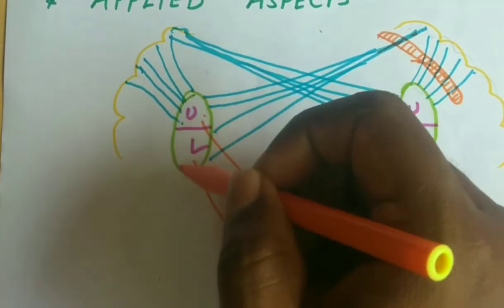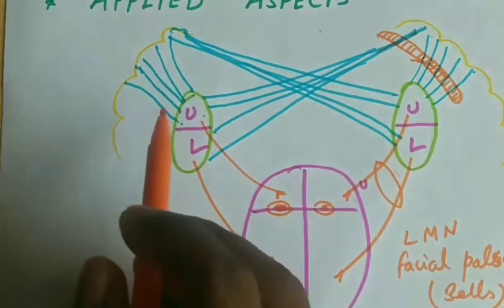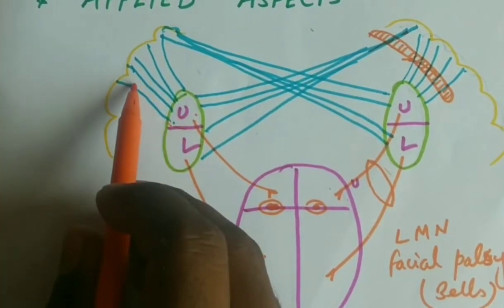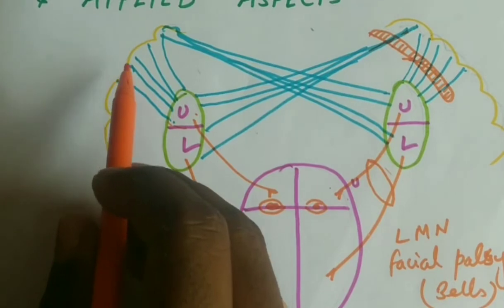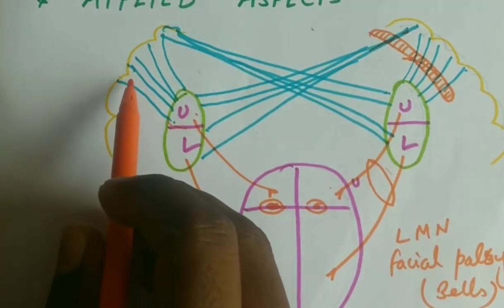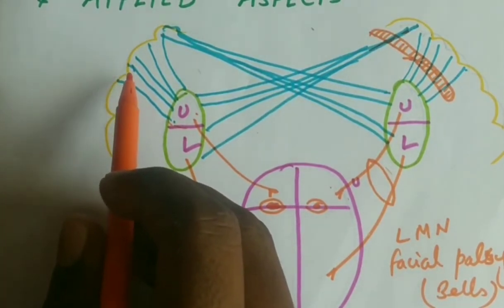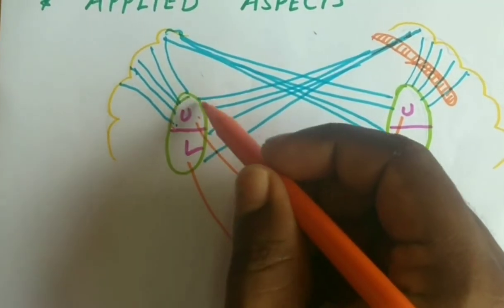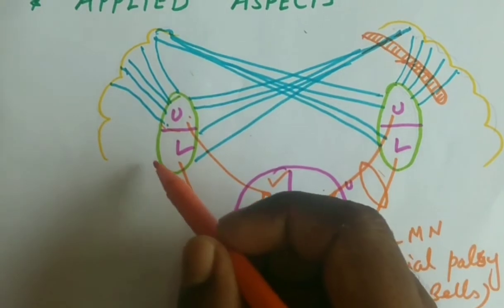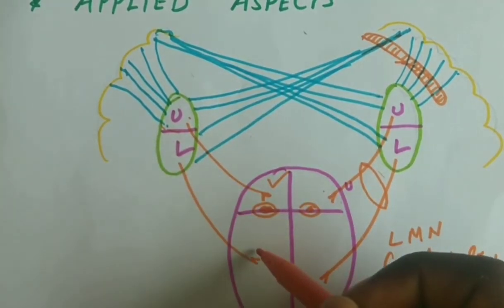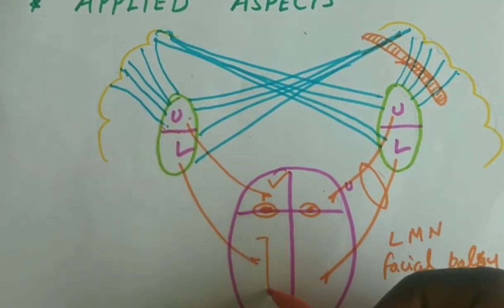So we can imagine the opposite side facial nucleus will be paralyzed, but the upper part of the nucleus is still controlled by the same side cerebral cortex. So what is happening is that the upper part of the face is spared. Only the lower part will be damaged.